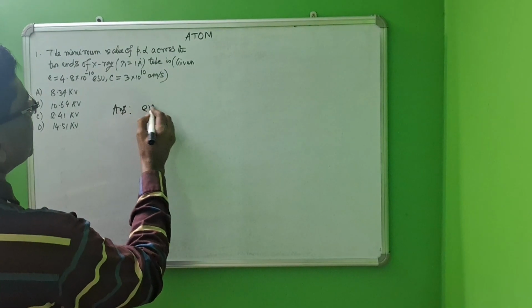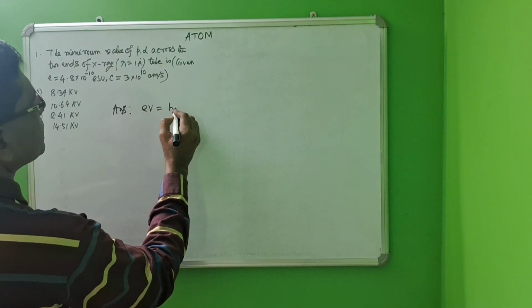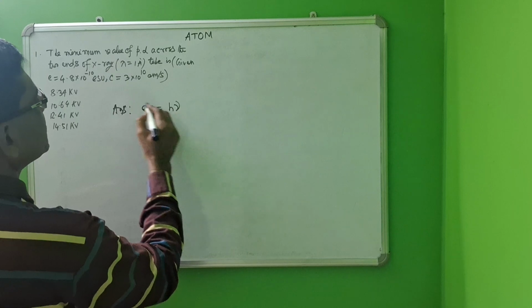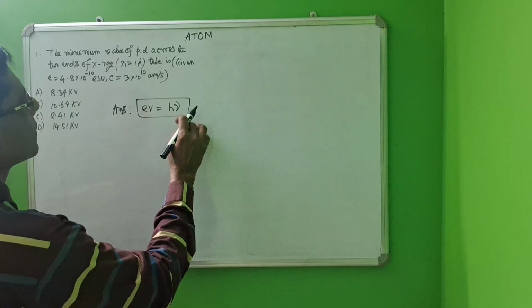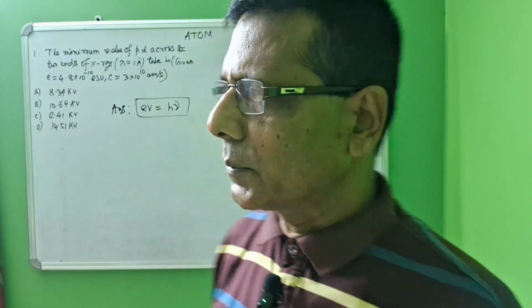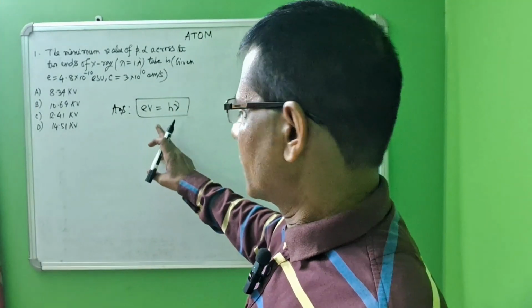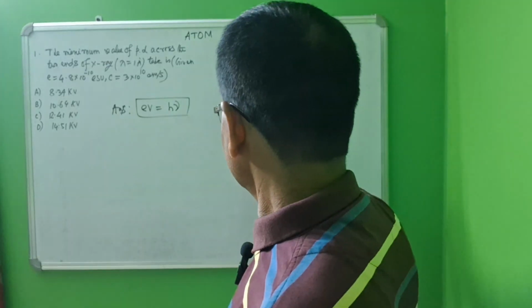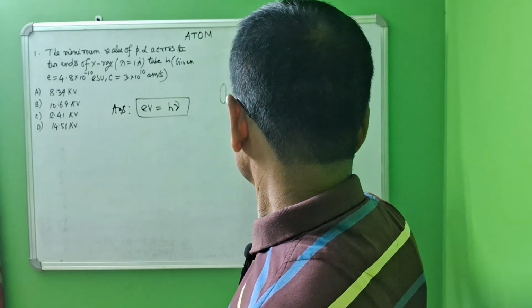We know eV equals h nu. This is the standard relation which is to be applied here. Because there is the X-ray tube, suppose this is the X-ray tube.